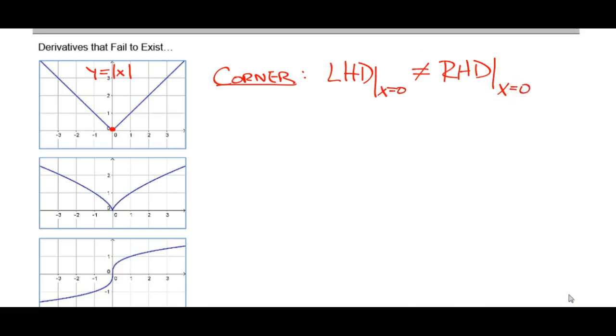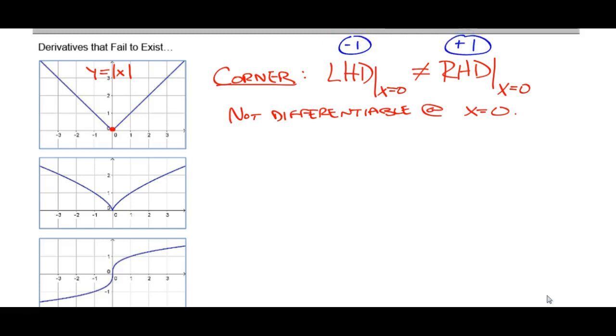So that's why we say it's not differentiable at x equals 0. Again, the feature of the graph is called a corner. The left-hand derivative and the right-hand derivative were not equal to each other. In fact, the left-hand derivative was -1. The right-hand derivative was +1. Those two values don't equal each other, therefore that limit does not exist.